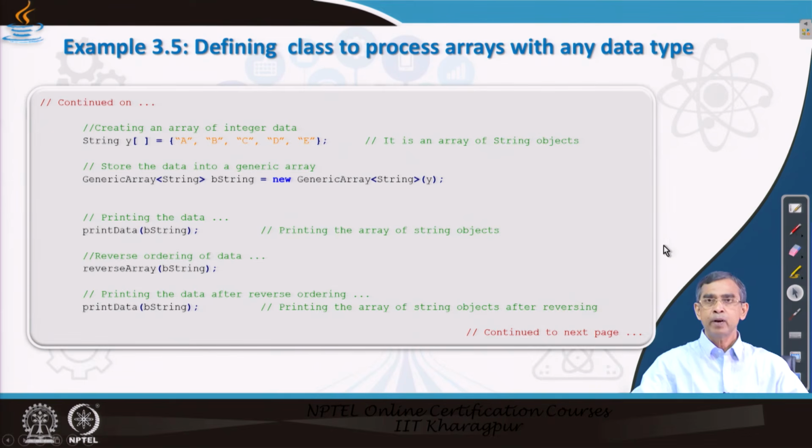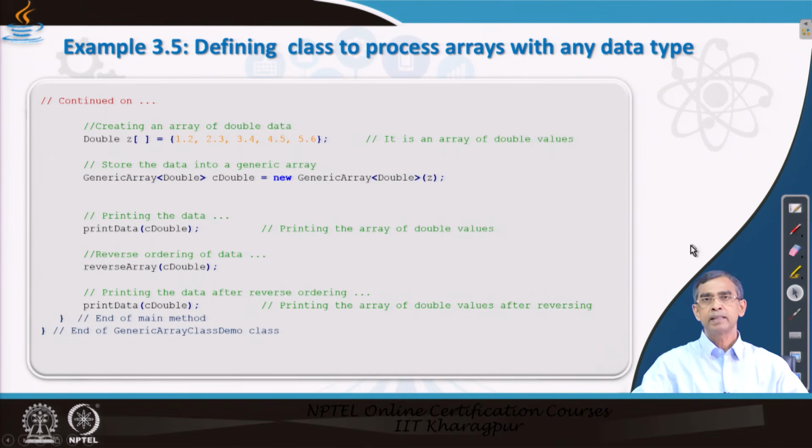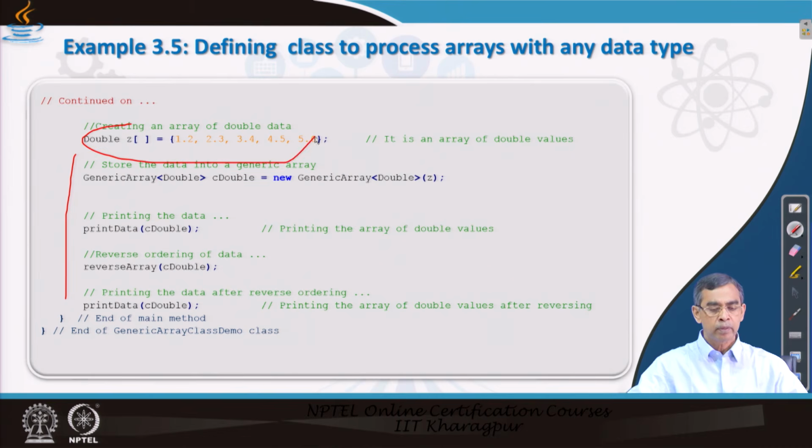So, if it works for integer, it will also work for double values, and this is an example where the same program we can run, but for arrays of double values.